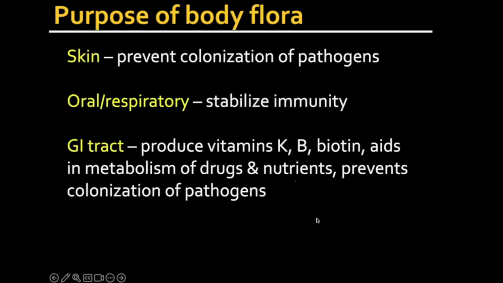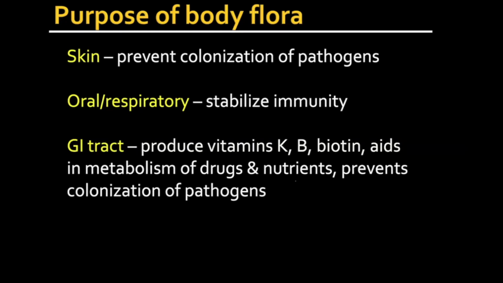All right, so let's look at what some of them do. There's body flora on your skin, and what it does is prevent the colonization of pathogens. Interesting, a body flora that prevents pathogens. The body flora that resides in your mouth and your respiratory system helps stabilize your immunity.